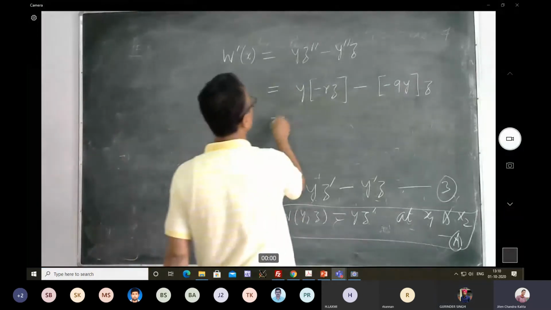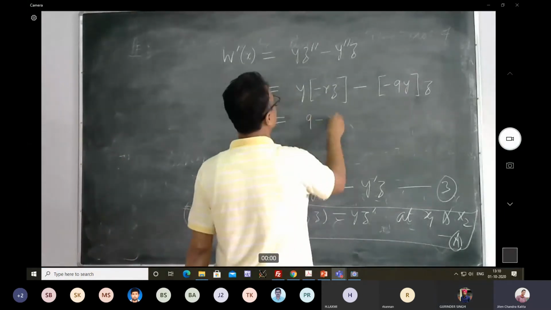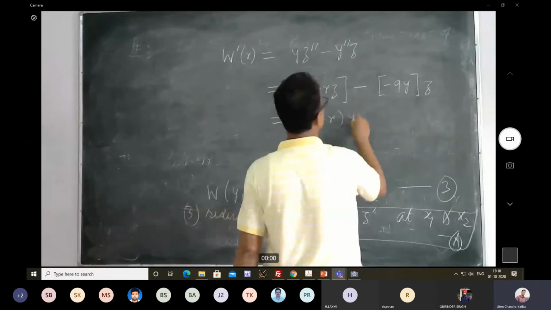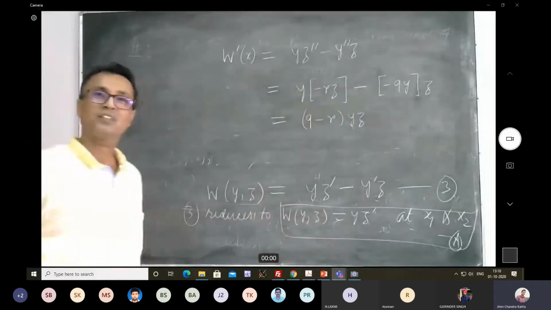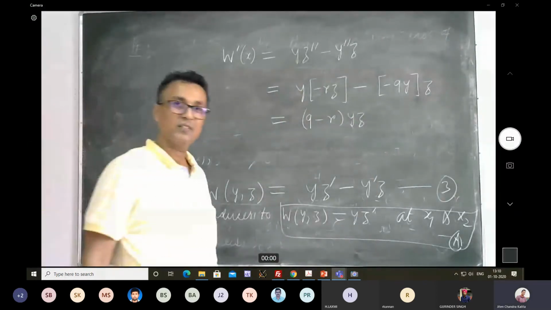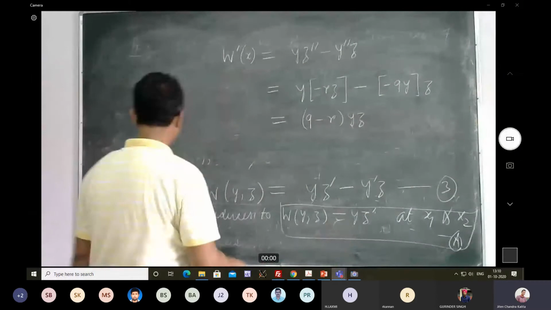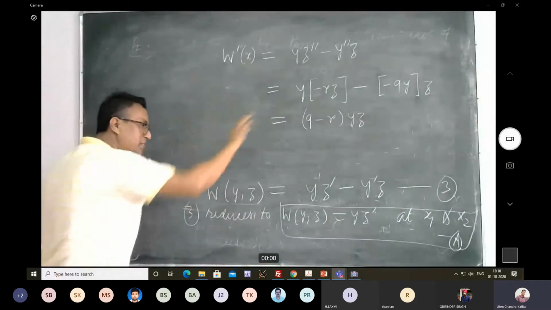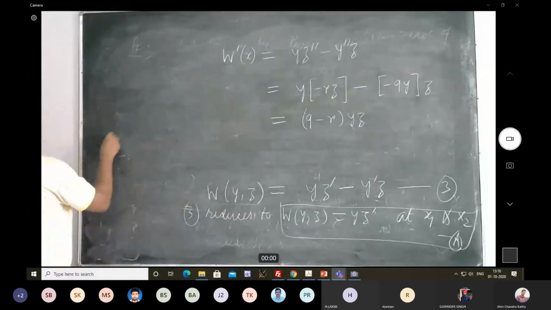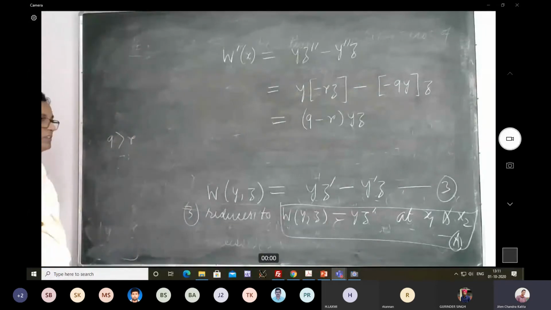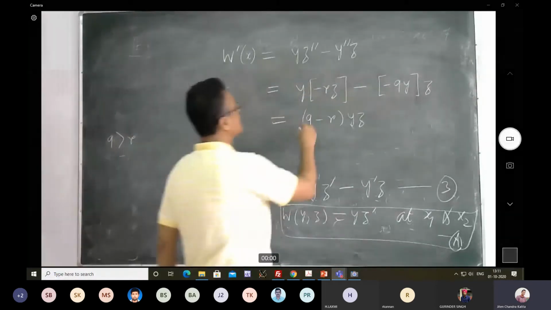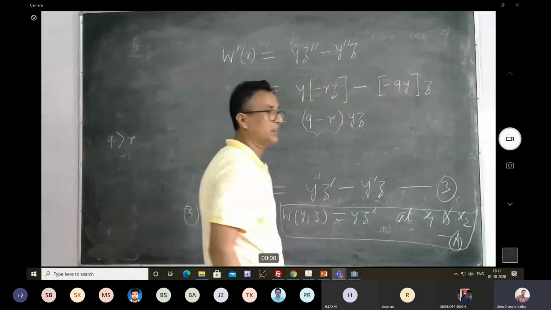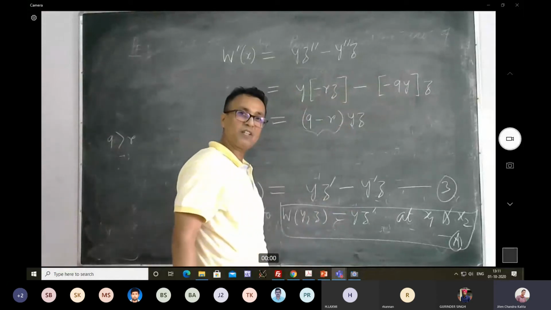So this is going to give me (Q minus R) y z. At the very beginning, in the statement of the theorem itself, Q was greater than R, so obviously Q minus R is greater than 0.